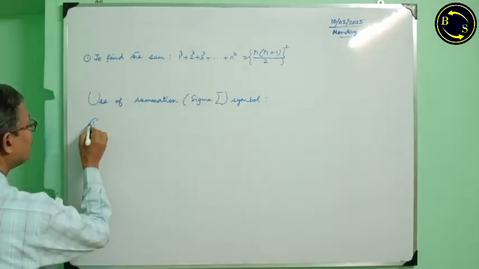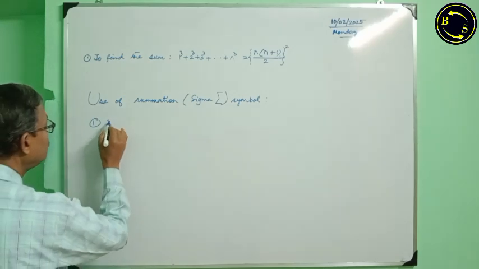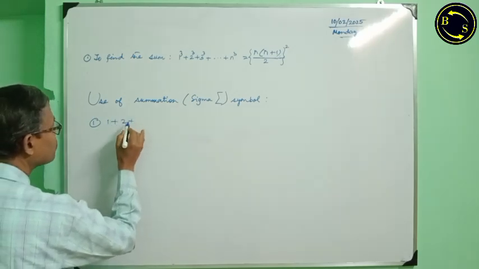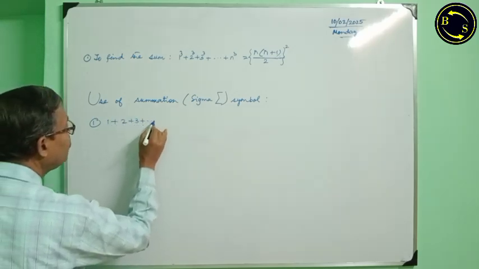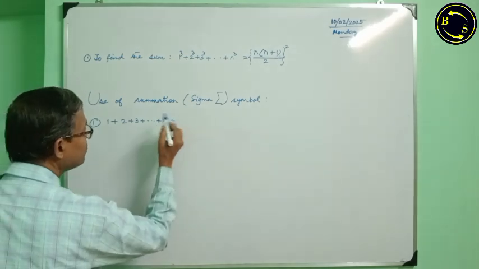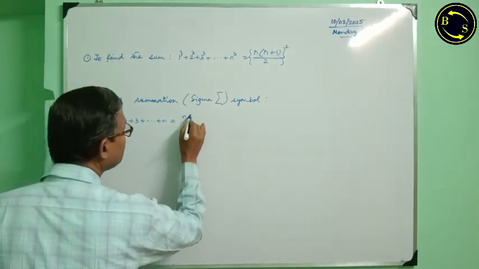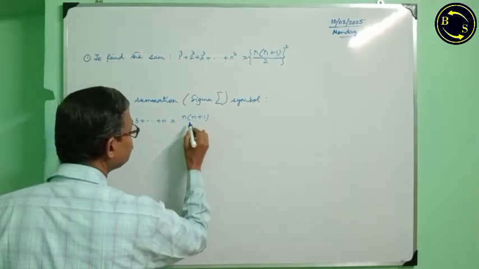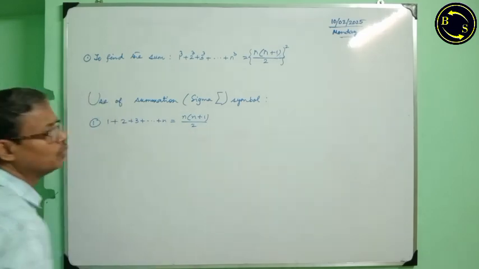First of all, already we have learned 1 plus 2 plus 3 plus dot dot dot plus n is equal to n into n plus 1 by 2.